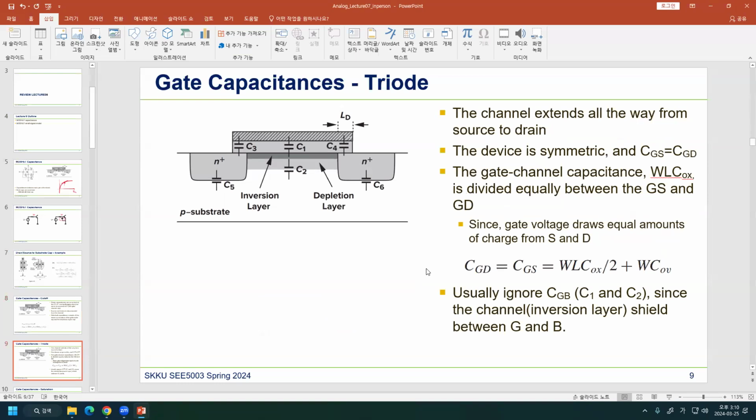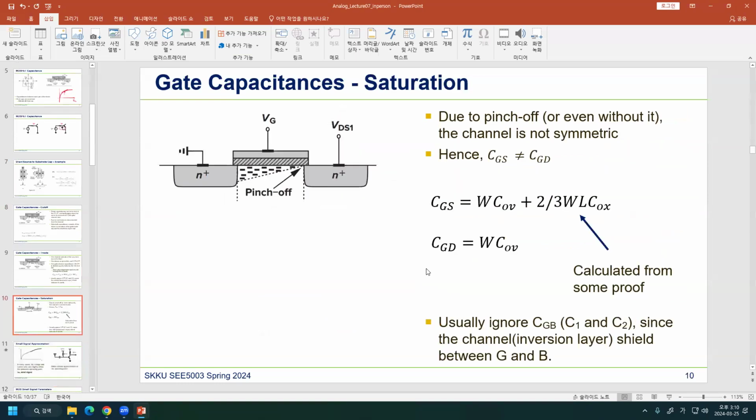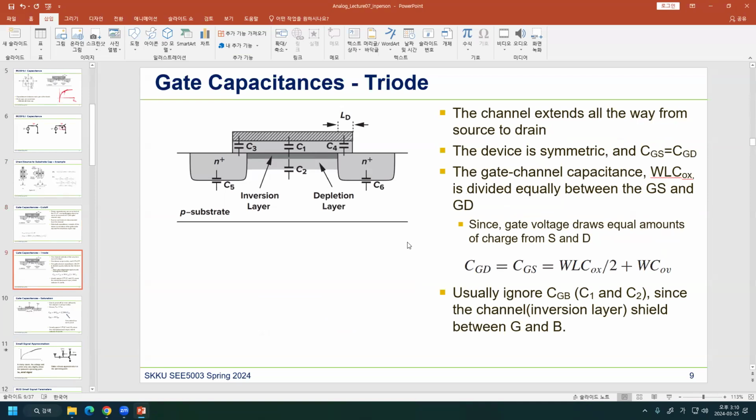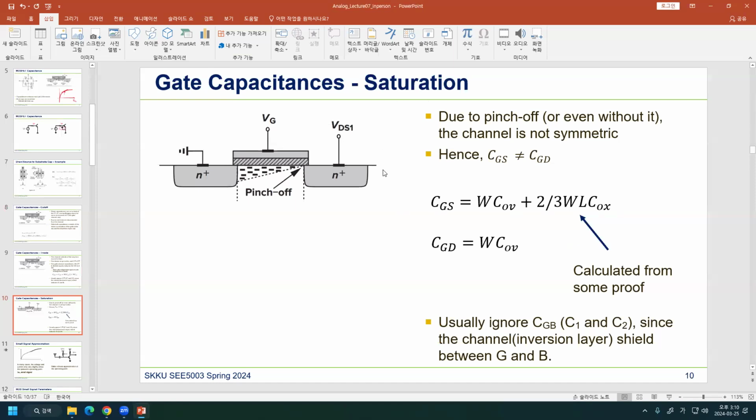Also in triode and in saturation, the interesting part is that CGS and CGD are different. In triode, CGD and CGS are the same because the channel is symmetric. But in the saturation region, their capacitances are different.